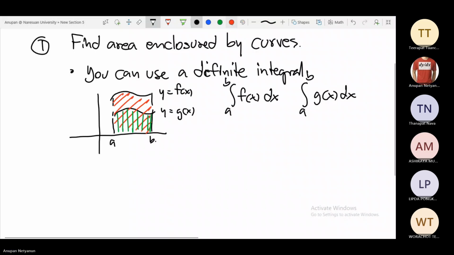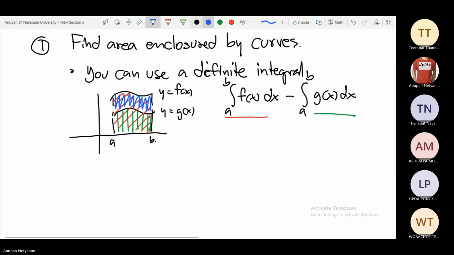So this red, this green, then if you find the difference of these two, that means you find the difference of the area. So you get this area as a result, right?